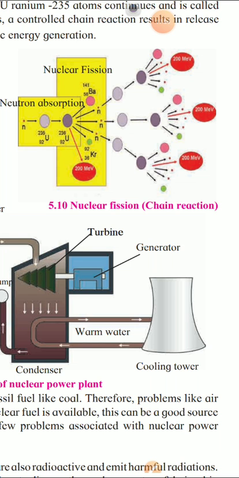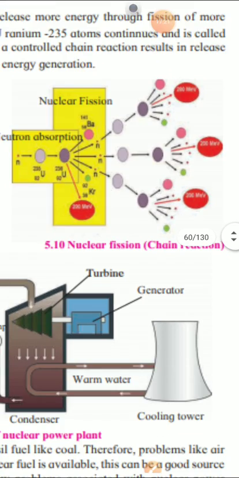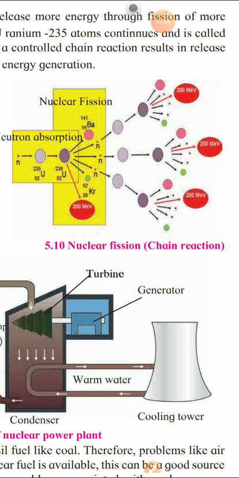These three neutrons further are bombarded to the uranium 235 and release more energy. That is shown in this chain reaction. Just see in the figure, it will be clear to you.